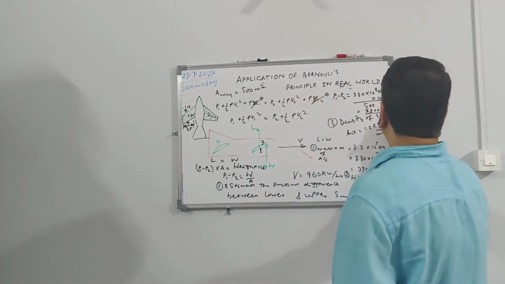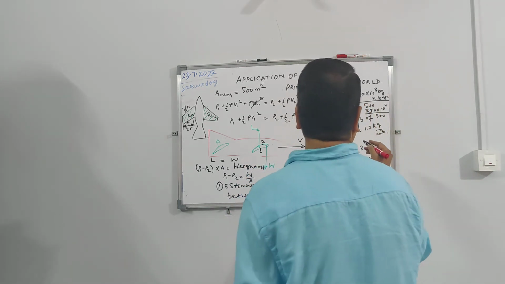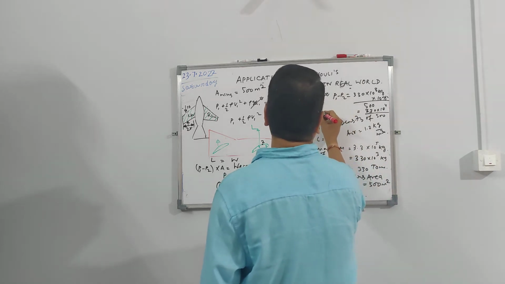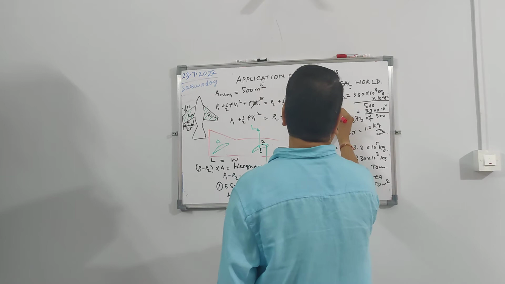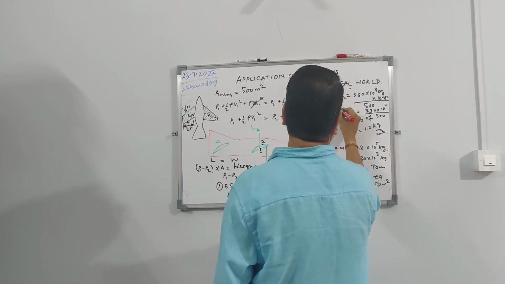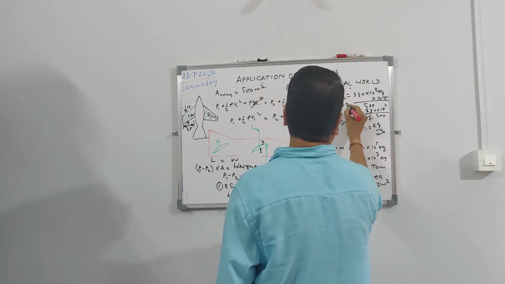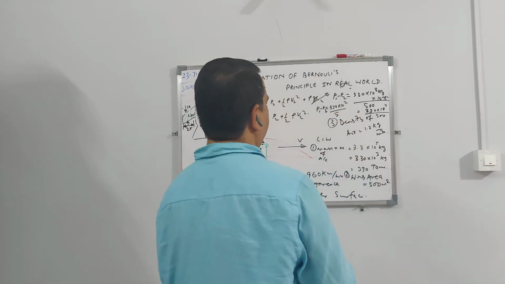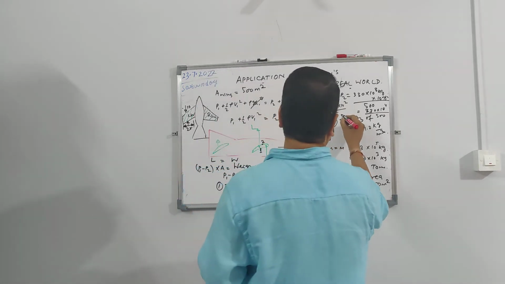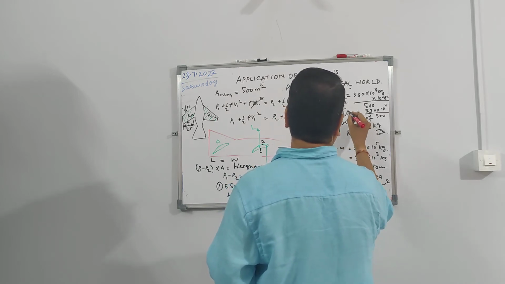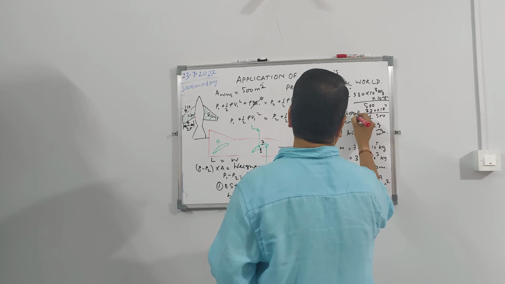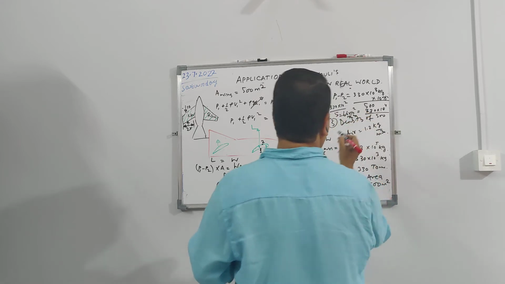So P1 minus P2 finally will be equal to 330 into 10 to the power 2 divided by 5. So this will become 66 into 10 to the power 2 Newton per meter square, or Pascal. So that is the answer.